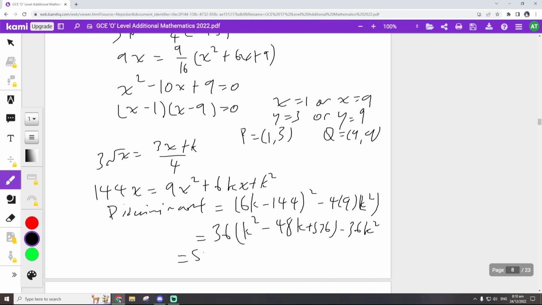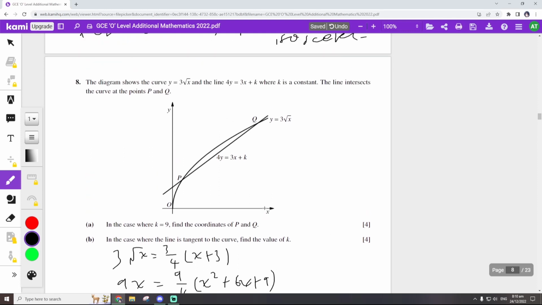So 576 minus 48k is 0. So the value of k that I need is 576 divided by 48, which is 12. So that will be the value of k, which gives you the tangent.